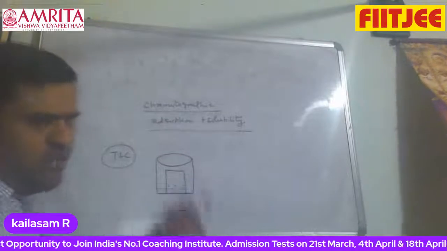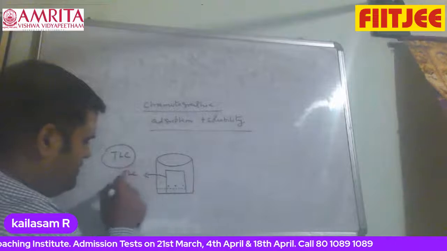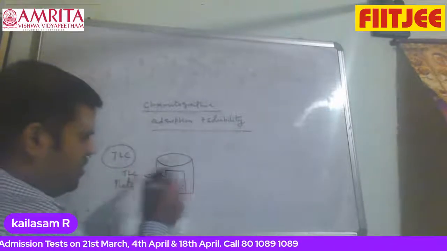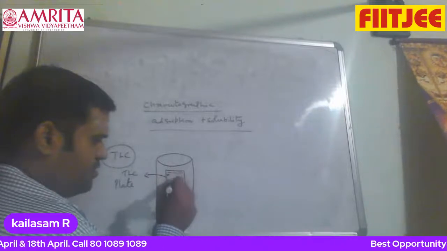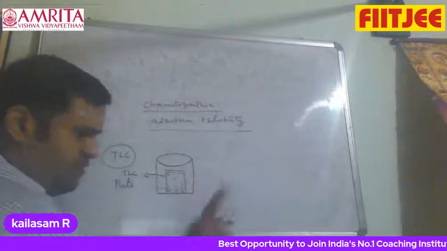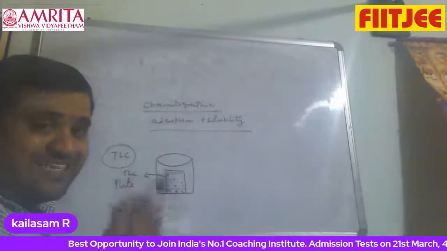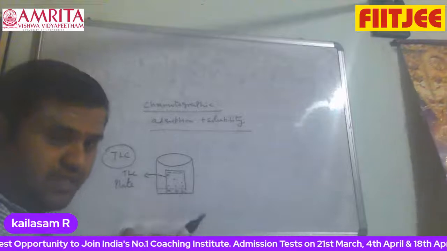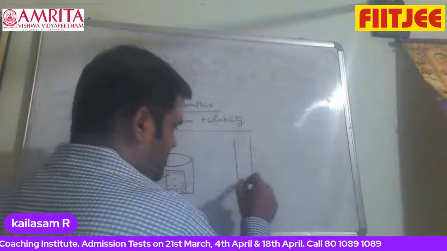The solvent is the mobile phase. Here the TLC plate is there. The solvent will move up to this. Let us make these spots A, B, C. That means in a TLC plate, the spot which is at the top is less adsorbed by silica gel. In column chromatography, that will come first.